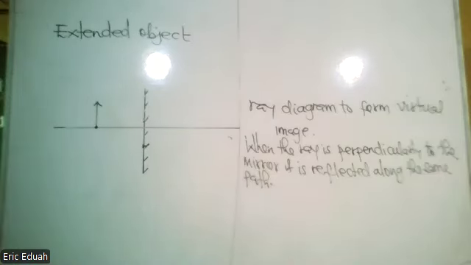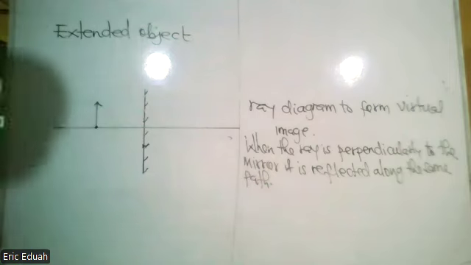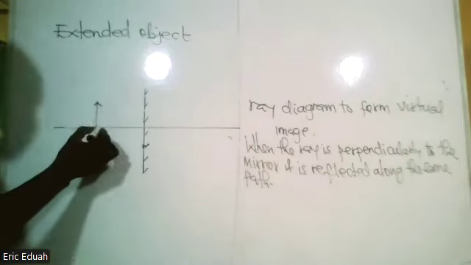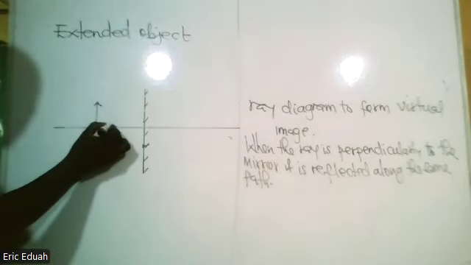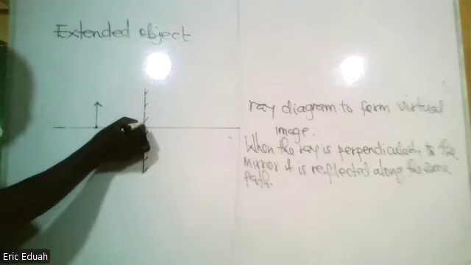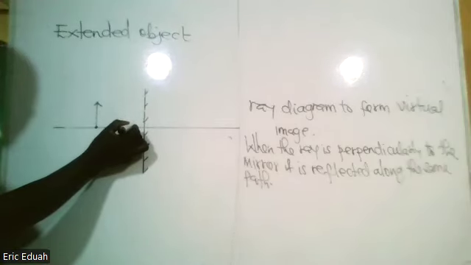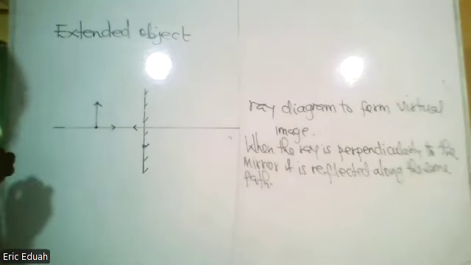The same rule. Let's draw the image of the foot first. So we can use this horizontal line as a ray perpendicular to the mirror, which will reflect along the same path.